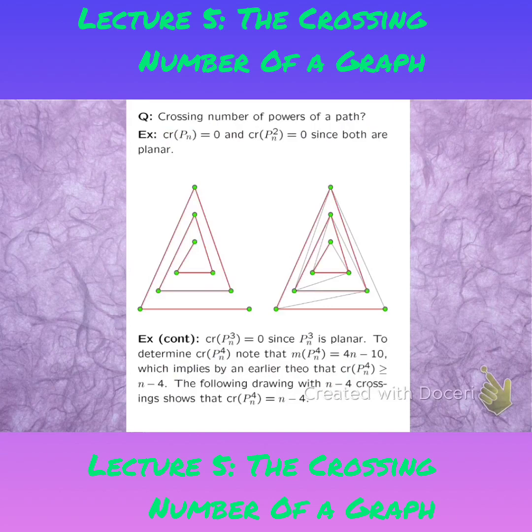Right, so as an interesting class of graphs, what's the crossing number of powers of a path? So the crossing number of Pn is obviously 0, and the crossing number of Pn squared is also 0 because both are planar, and you can draw P squared in such a way that none of the edges cross.